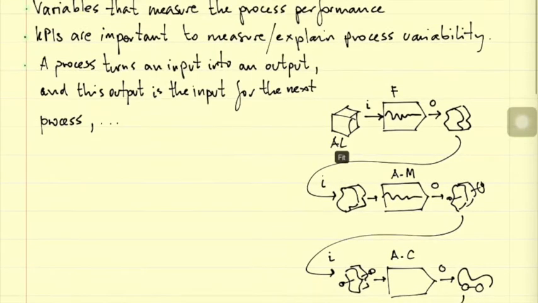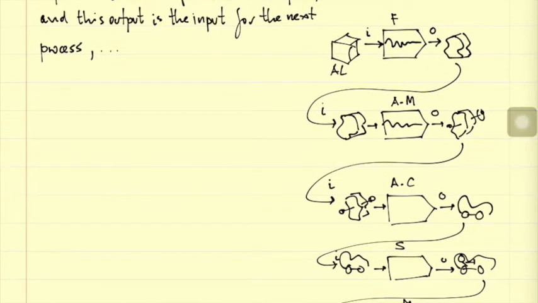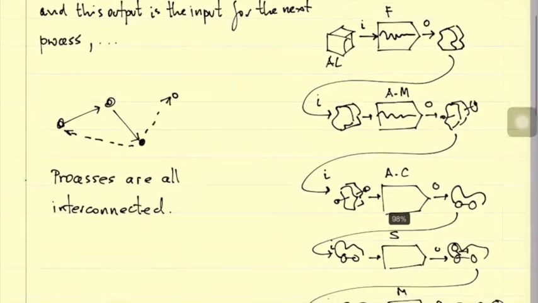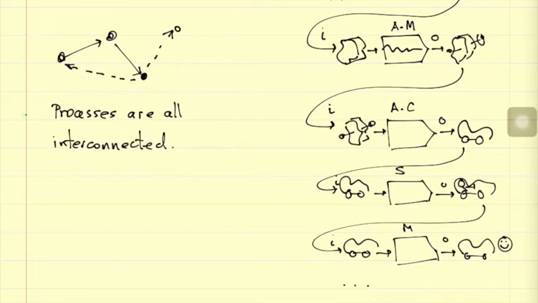So basically processes are networks. They are very complex spirals. Basically, they are all interconnected. Also, if we do not know how to explain the variability of the process, this relationship is present.